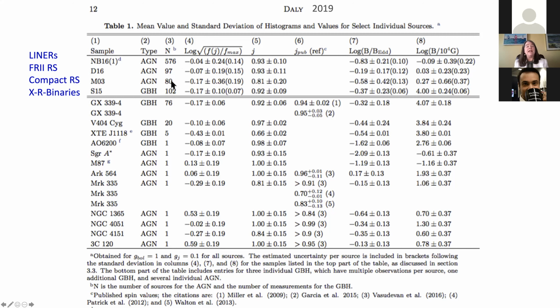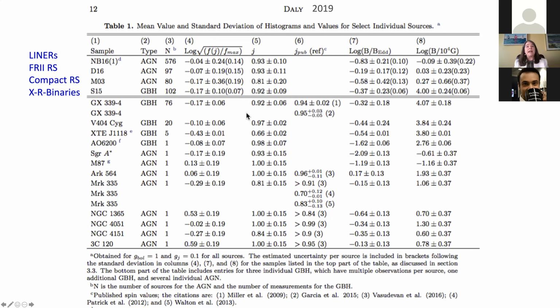Now for the 80 Merloni et al. sources, AGN, and the galactic black holes, these are lower. They come in with spins more like around 0.9 for the galactic black holes as a mean value, and around 0.8 for the Merloni et al. sample, which has a very large dispersion.